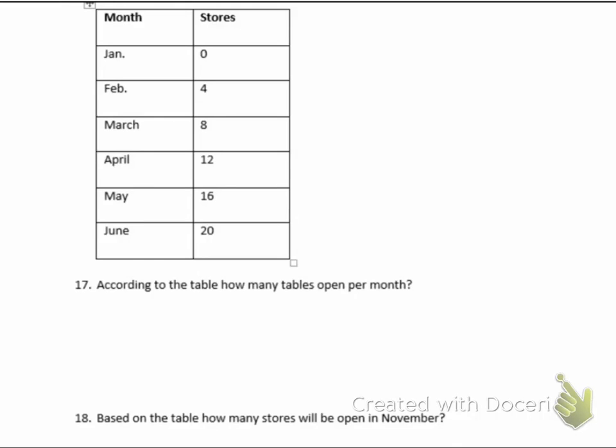According to the table, how many, that should say stores. So that one, just 4. And then count to November.